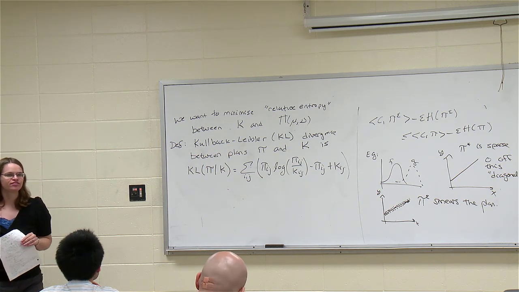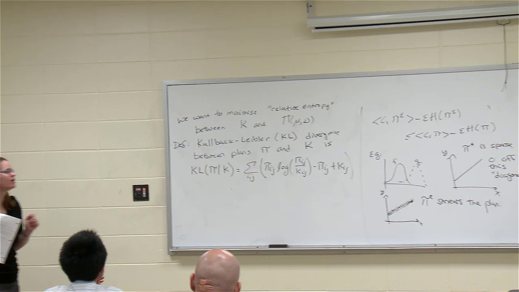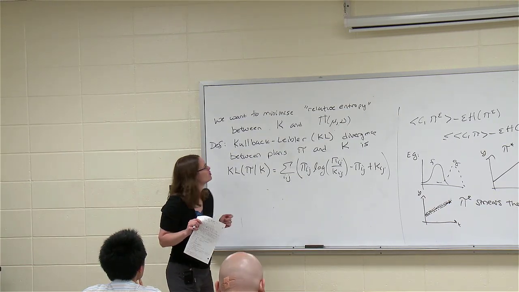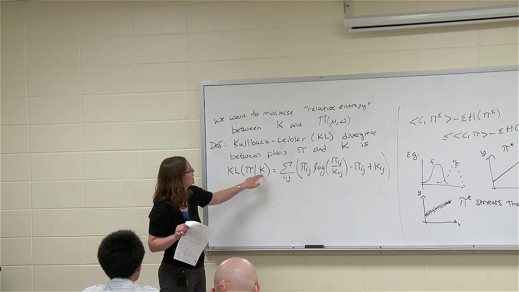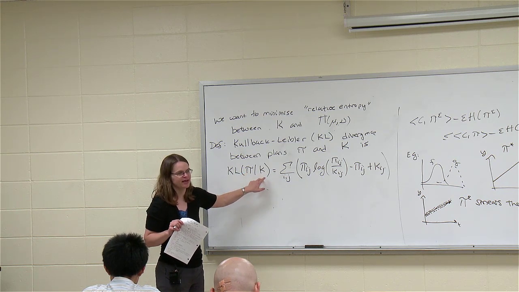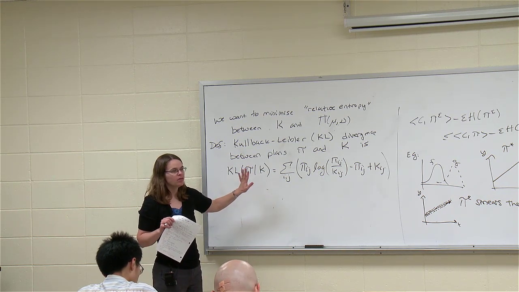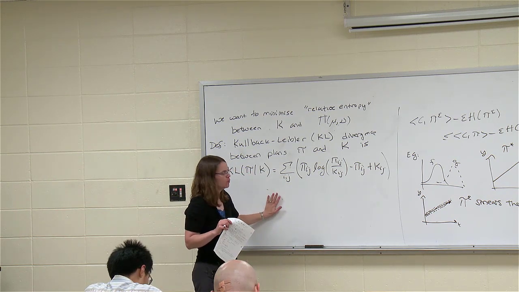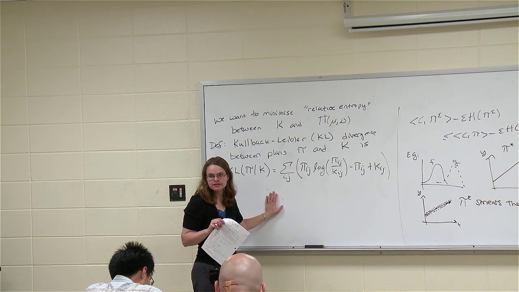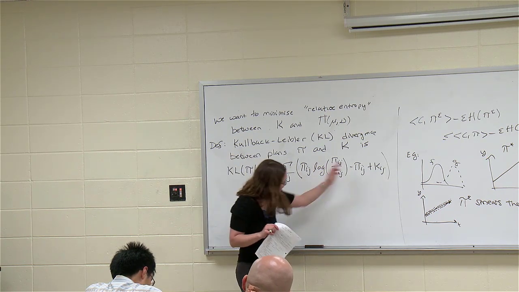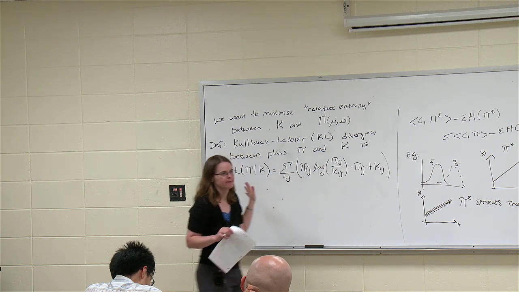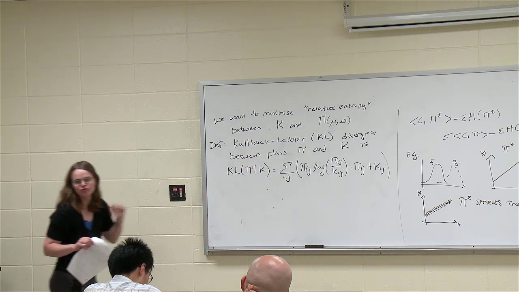It's sort of funny as a distance, if you will. It's not actually symmetric, right? So the divergence between pi and k is not the same as the divergence between k and pi. It is asymmetric, which is kind of weird. But what it does do, which is important, is it is minimized when pi equals k. I can make that argument for you.